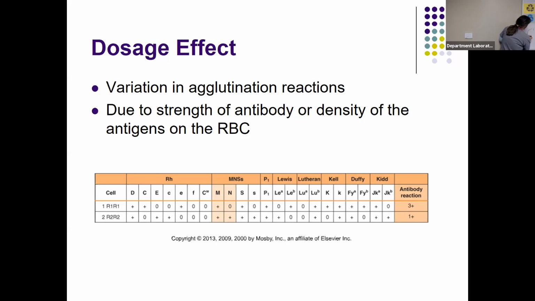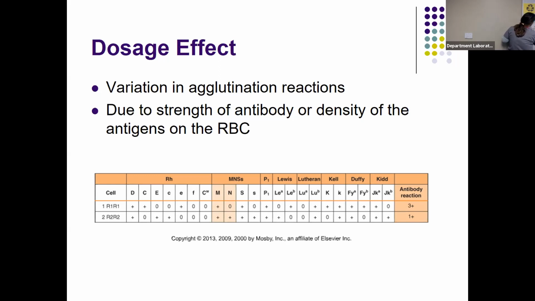So here's your red cell, okay? These are your antigen sites all across the cell. For a homozygous, M-positive patient, all of these sites are M. Okay, those are all M. Heterozygous, can you guys see that?